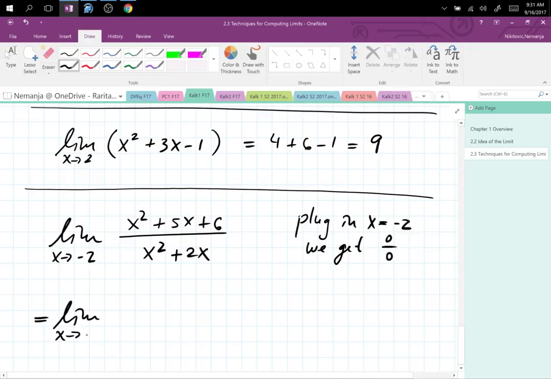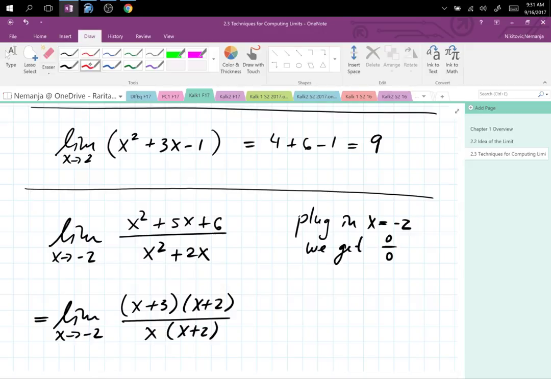So, the limit as x goes to negative 2, we will factor both of these polynomials. In the numerator, we'll have (x plus 3)(x plus 2). And in the denominator, we'll have x times (x plus 2). You see how these two die? Well, the mathematical term is annihilate.